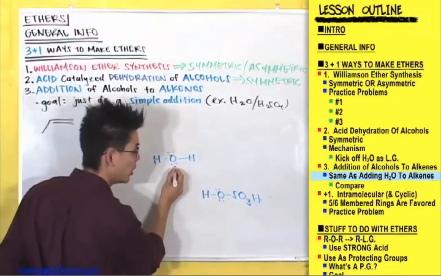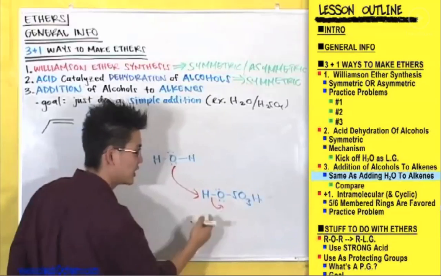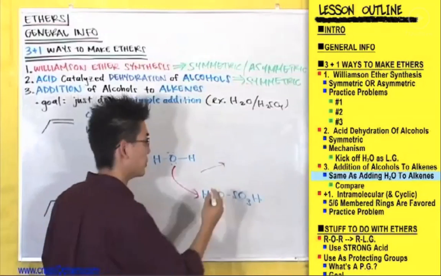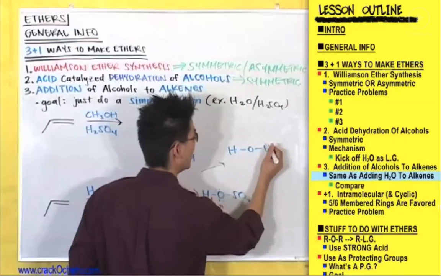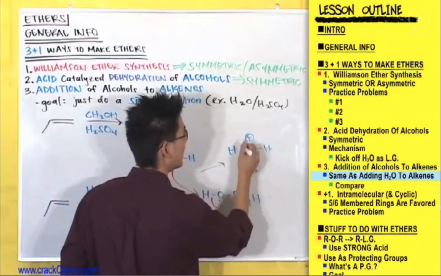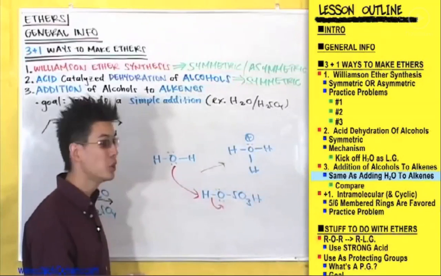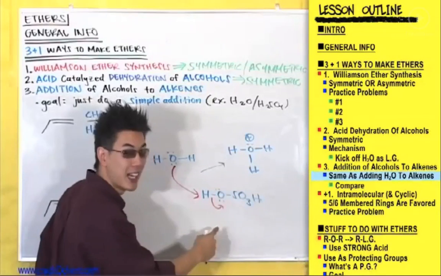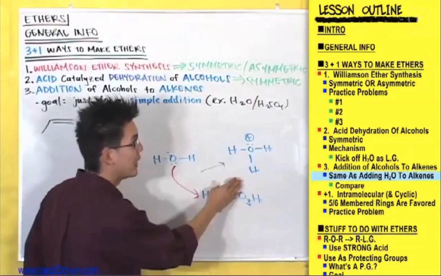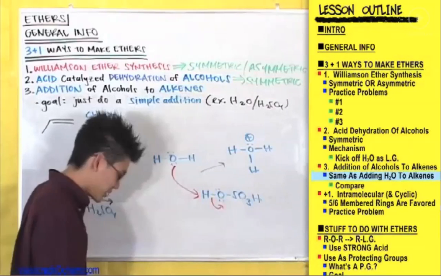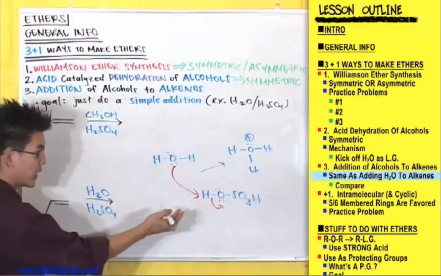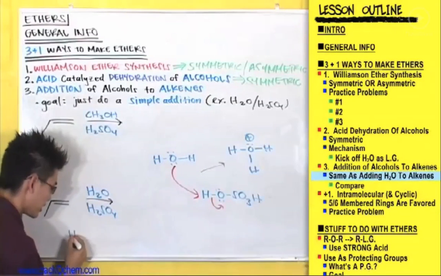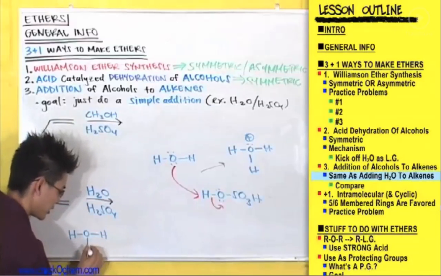So this oxygen would pick up this hydrogen, kick the electrons to that oxygen, and this would make H3O plus. So whenever you add water in with an acid catalyst, this will protonate water and you will make H3O plus. So the first step in this reaction was water and H2SO4 combining to make H3O plus, which looks like this.